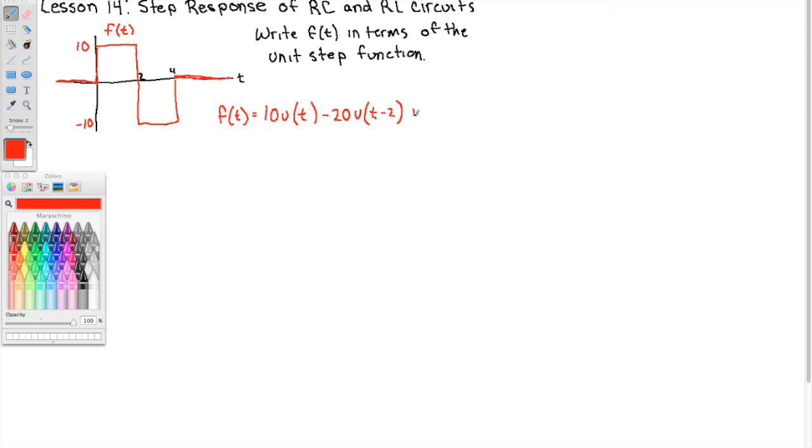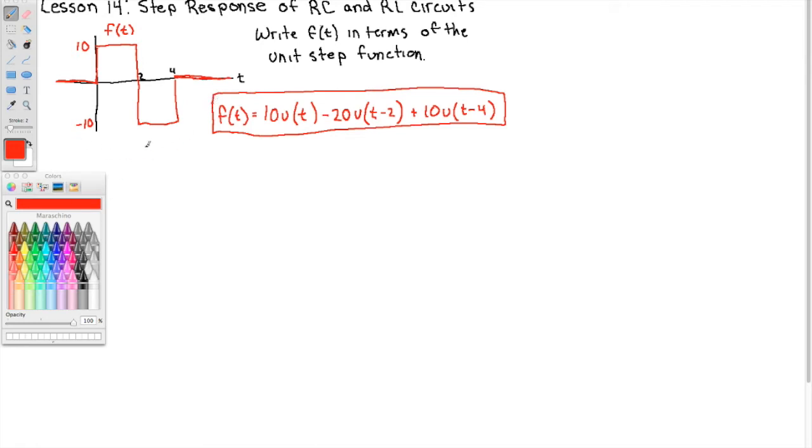So I'm going to add 10 times the unit step shifted by 4 units, because that's where I want that discontinuity to be. And then I have no more discontinuities, so I suspect that is my answer.